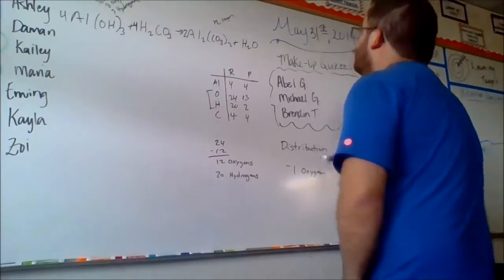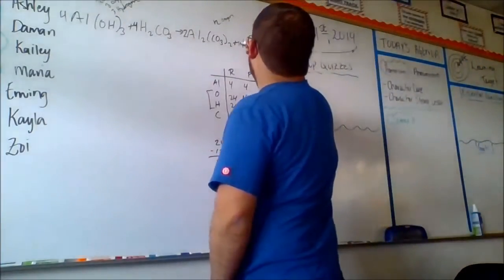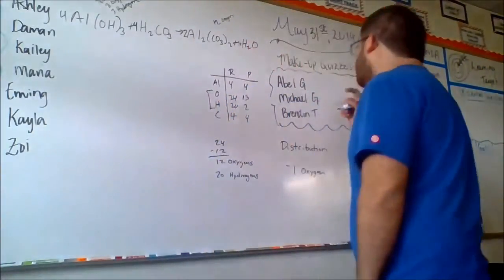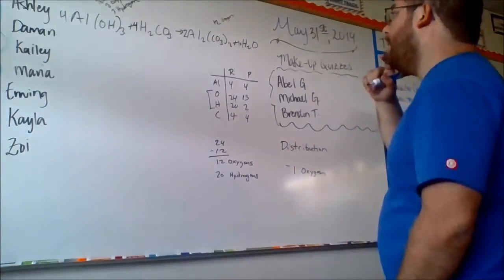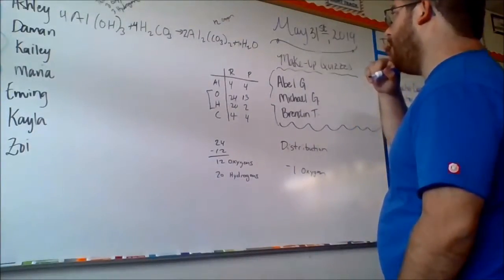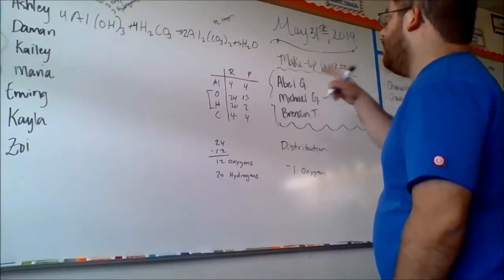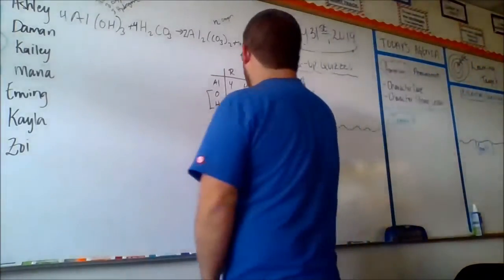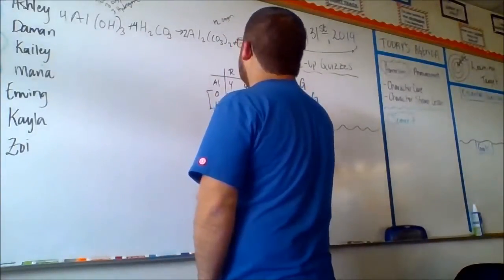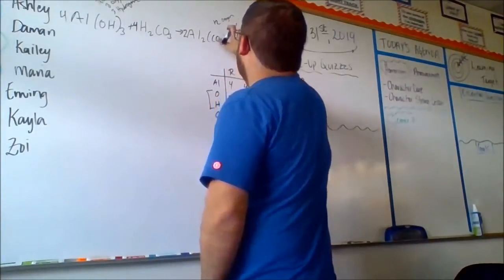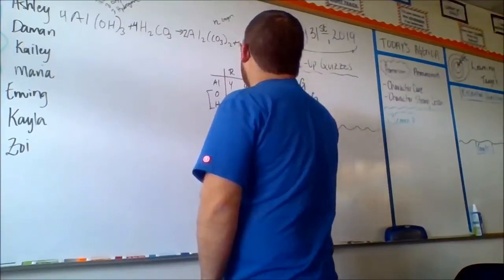So that would be a 10. So we put a 10 there. 10 times 2, that's 20. 12 plus 10, that's 22.